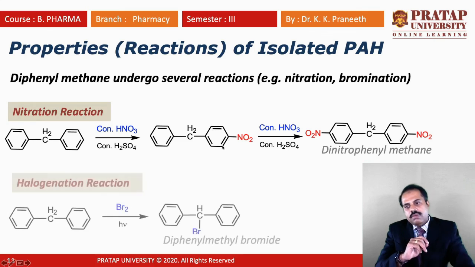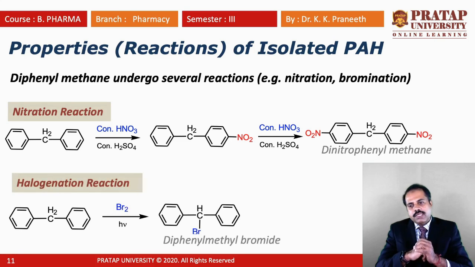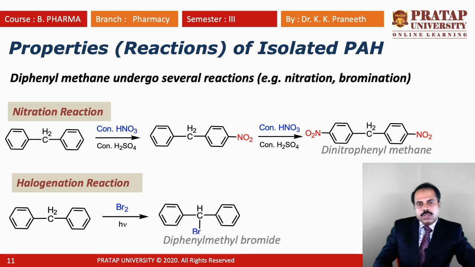The second reaction will be the halogenation reaction, you can see. In this case, we will see a bromination reaction. This is also a simple reaction. You take this diphenyl methane and add bromine in the presence of light, some UV light, h nu. What you will get is diphenyl methyl bromide. So, the bromine will go here and attack here because this is a very reactive area for the bromine.